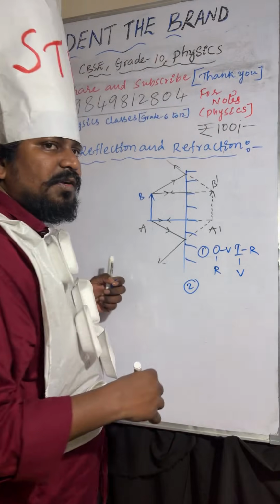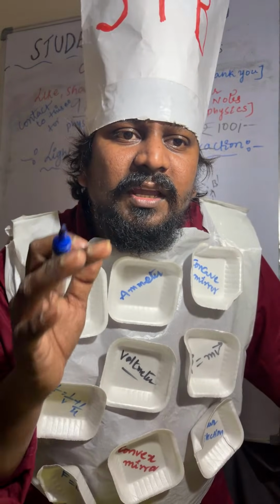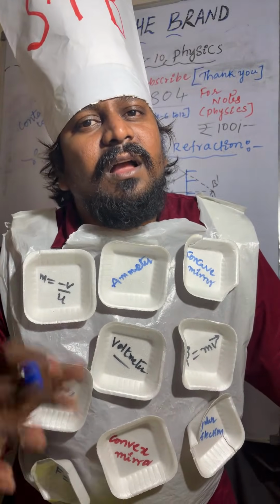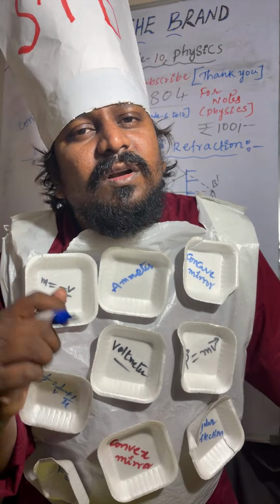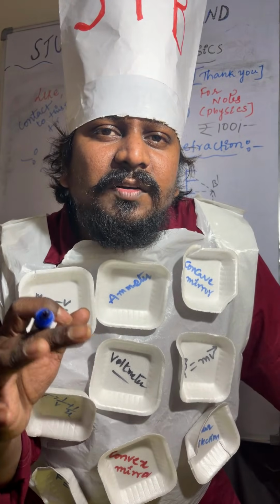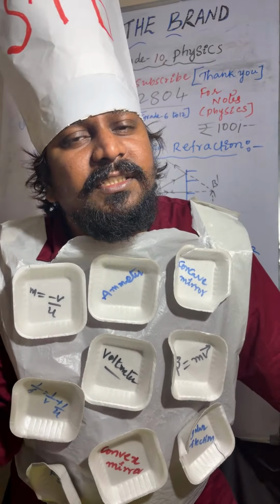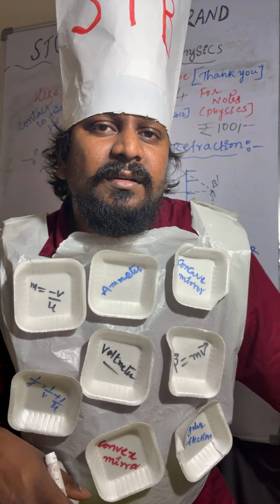Coming to point number 2, object distance is equal to image distance, and the height of the object is equal to height of the image. We can say size of the object is equal to size of the image.